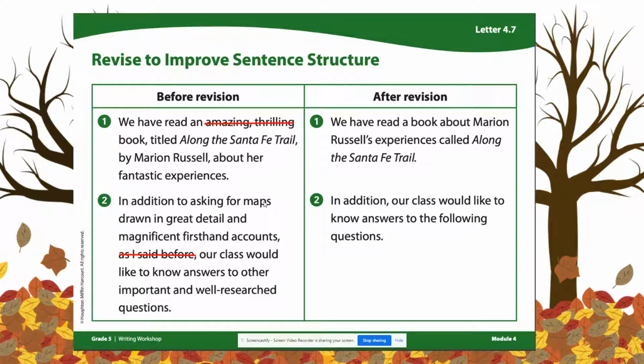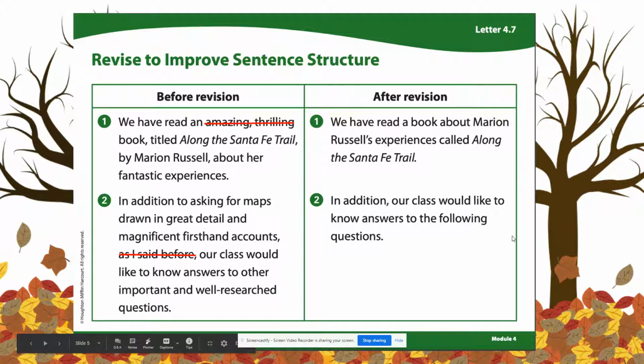In addition to asking for maps, drawn in great detail and magnificent firsthand accounts, as I said before, our class would like to know answers to other important questions and well-researched questions. Okay, if we remove, as I said before, because it's unnecessary, it actually helps our sentence flow better. And there's some more information we can remove as well.